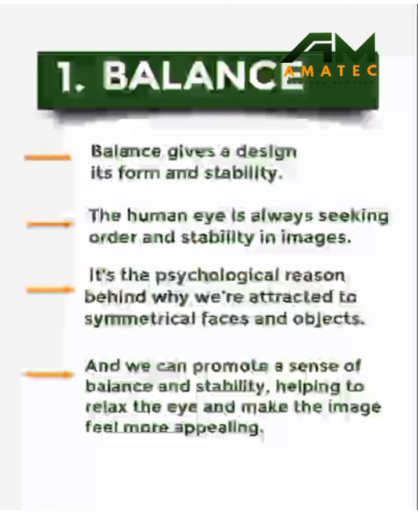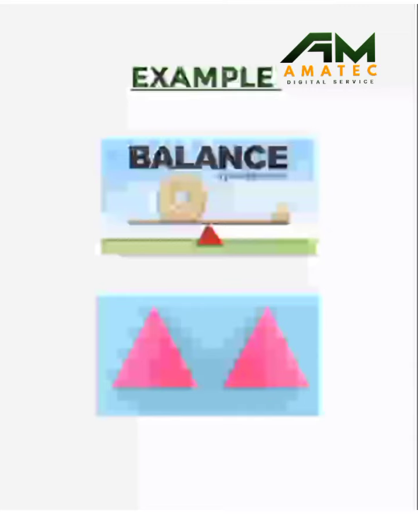And what is an example of balance? You can see the objects, the triangles. I have two pictures here to explain this. You can see the objects placed here. You see that everything is balanced, not that one is going up, another one is coming down.